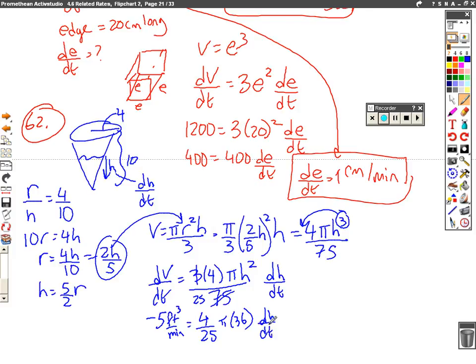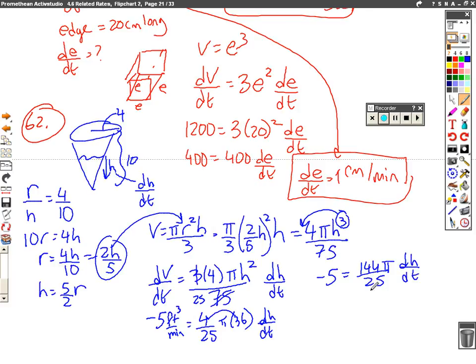4 times 36 is 144. So we're looking at -5 equals 144 pi over 25 dH/dt.